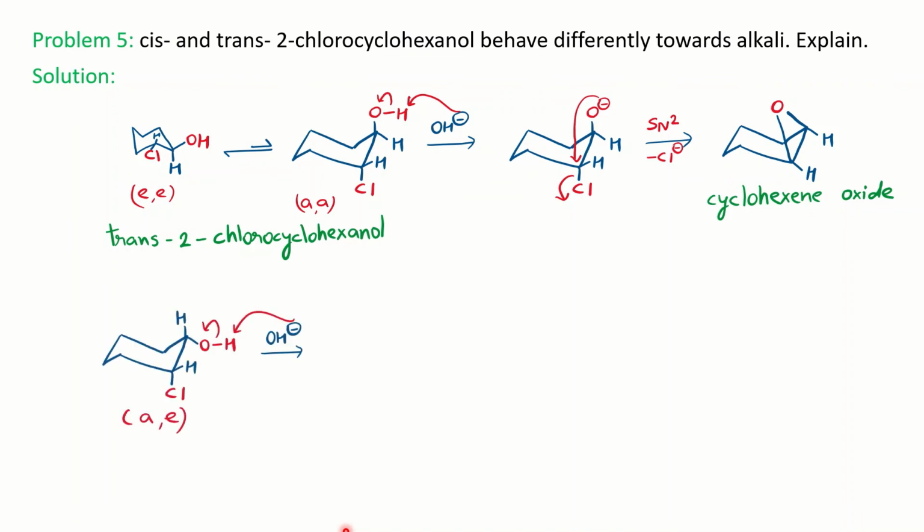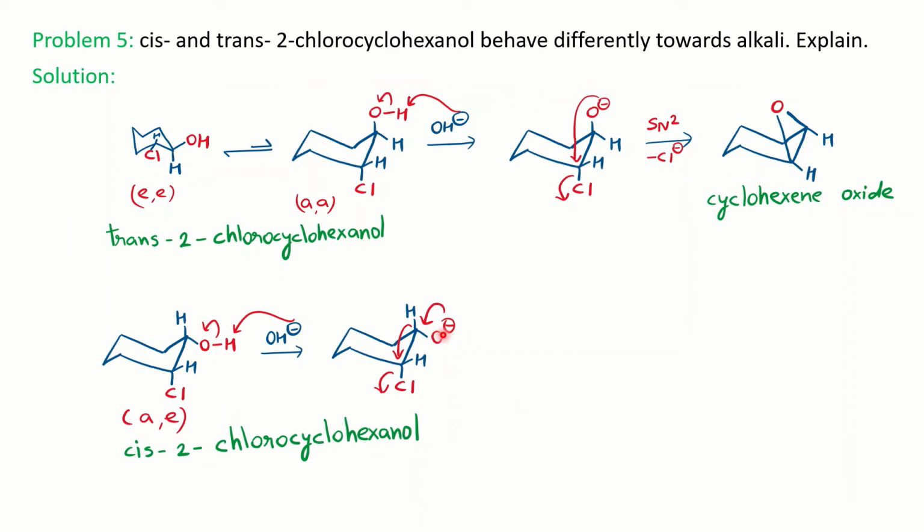Now the cis isomer, where OH and Cl are on the same side, so axial and equatorial. Either you can make Cl equatorial and OH axial, or OH equatorial and Cl axial; both are cis isomers. In the presence of base, in the same way, abstraction of a proton generates O minus. But this O minus is not anti to Cl to attack from the backside. So what is going to happen? It generates a carbonyl bond, and a hydride shift occurs followed by release of the Cl.